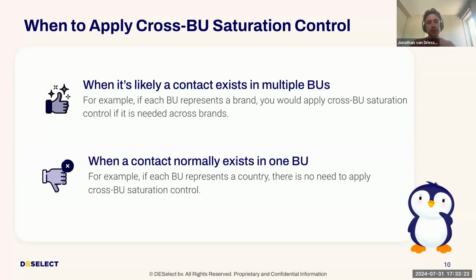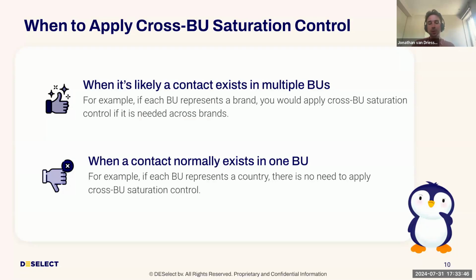Cross-BU is relevant when one contact can exist in multiple business units, and typically that is when one business unit equals one brand. As a consumer, I can be a fan or a customer of multiple brands, so I could exist in multiple business units.